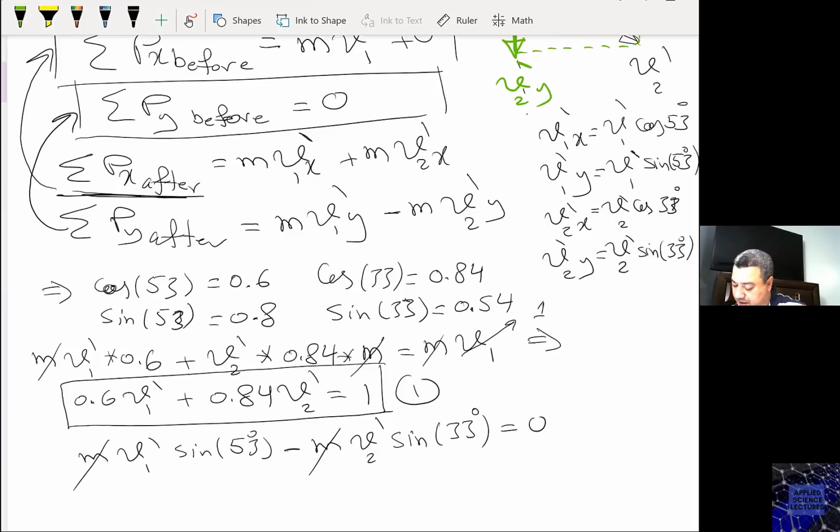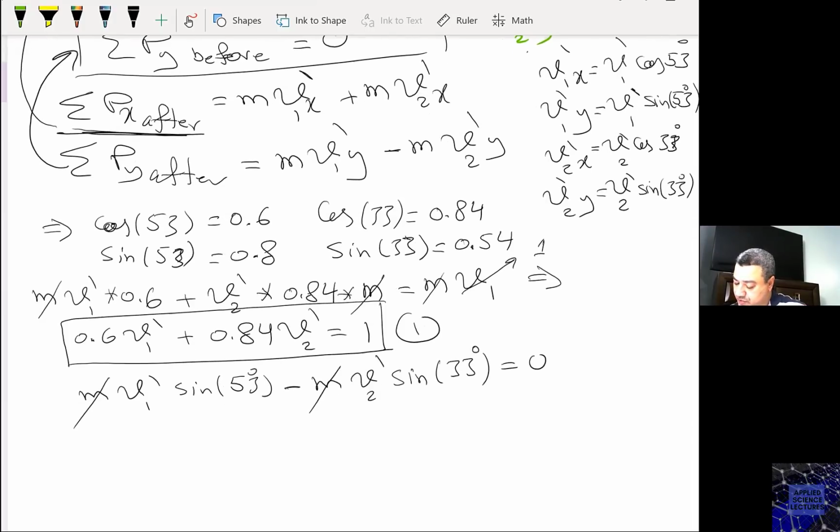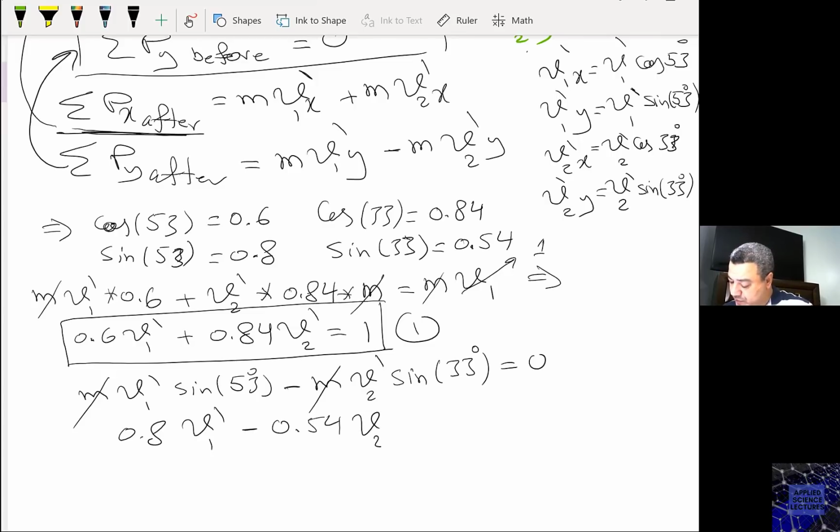Again, m is going to cancel, and you are going to end up with 0.8, which is the sine 53, v1 prime, minus 0.54, which is the sine 33, v2 prime equals 0.